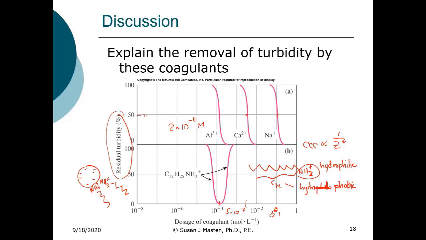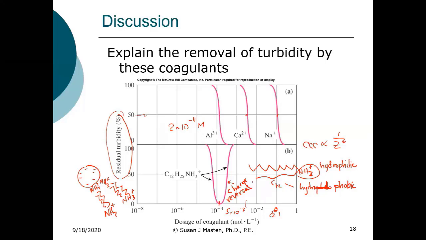The problem is these hydrophobic ends tend to want to interact with each other, so if you add too much of it, then notice here, and this is not to scale, you end up with a positively charged particle. And what you see here is what we call charge reversal.